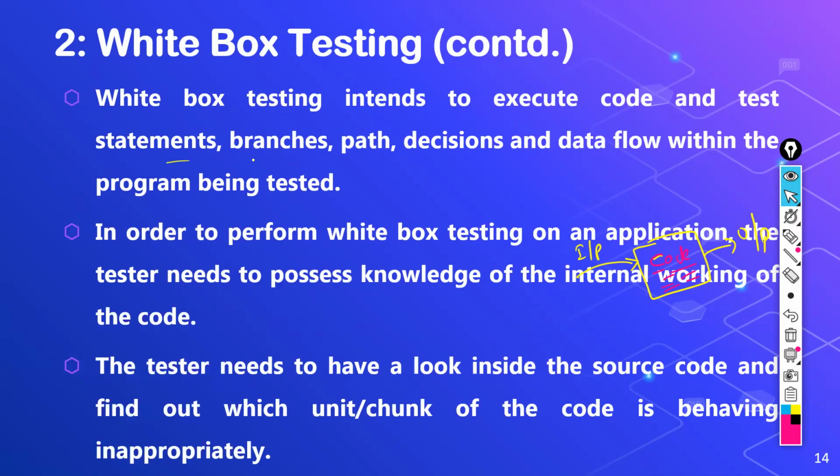You will have statements, branches, paths, decisions, data flow, everything you will test in the application code. And you do it so that you can improve the code, and improving the code will ultimately improve the application as well.